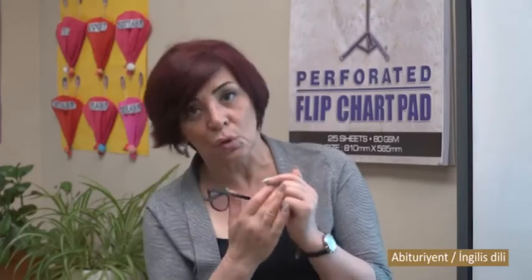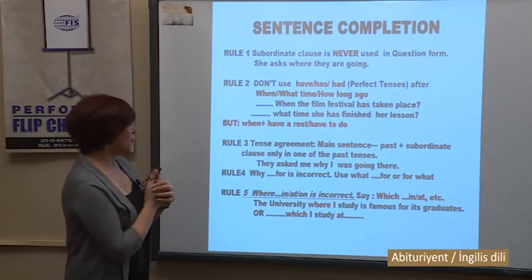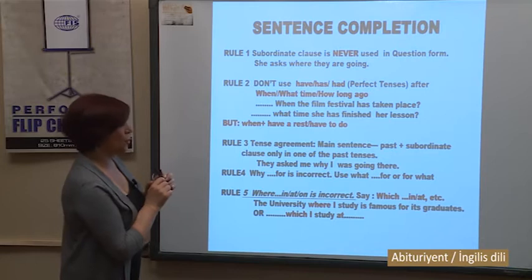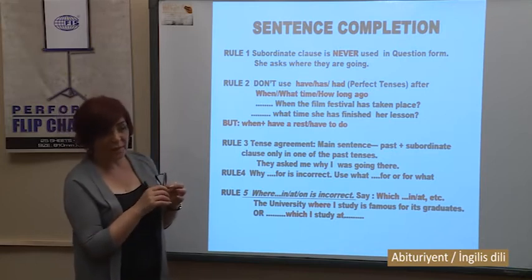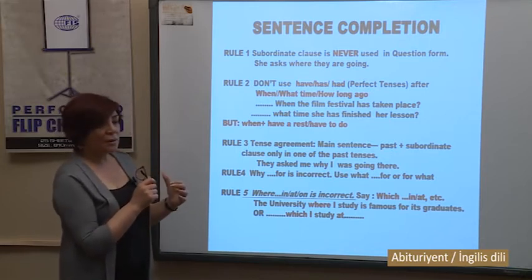So we don't need to use them. We have to omit them. The university where I study is famous for its graduates, or the university which I studied at. Do you see, we use in, on, at with which: the place where I live, the place which I live in.